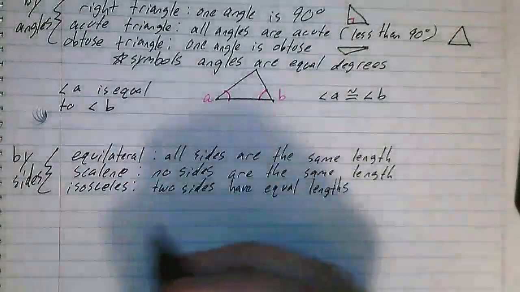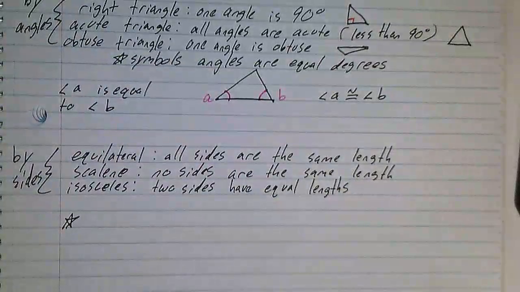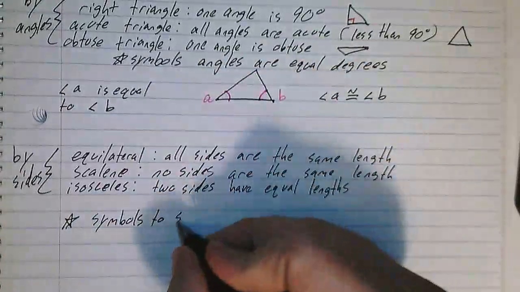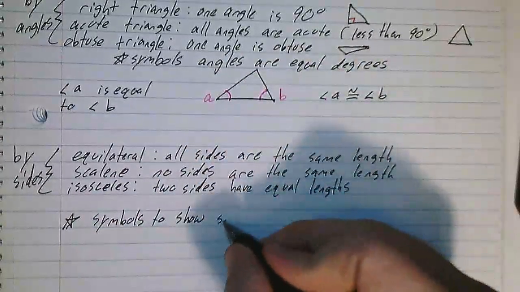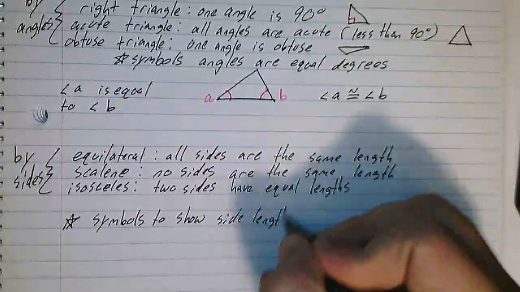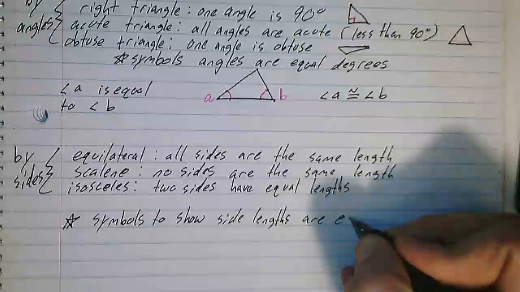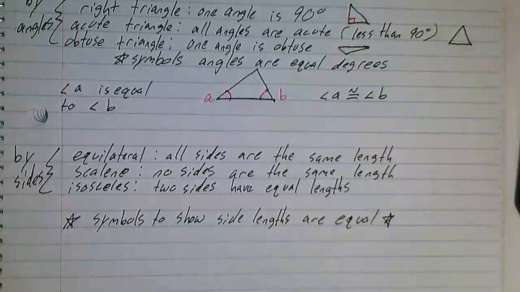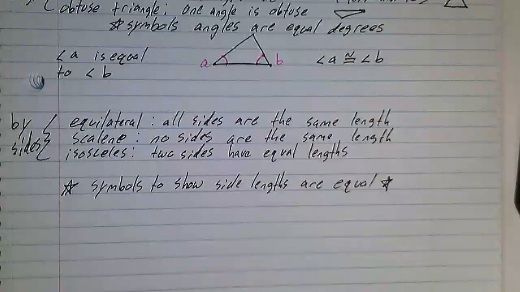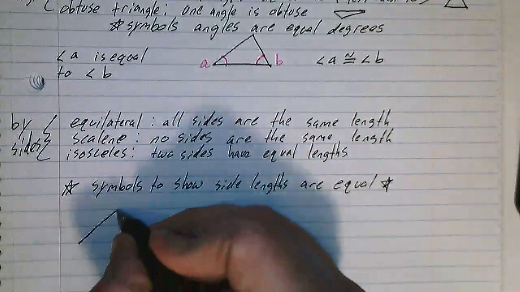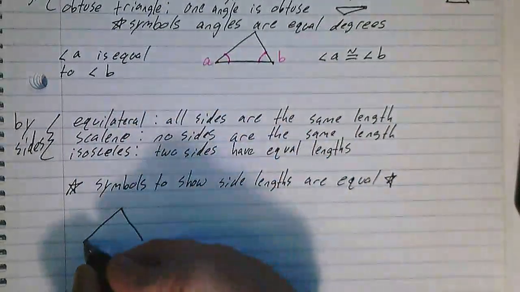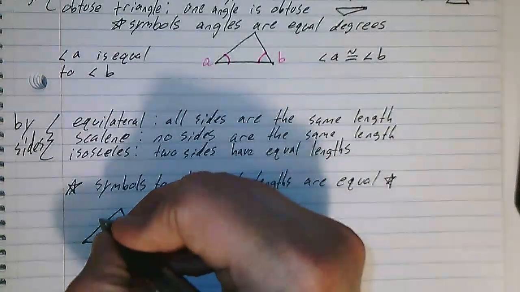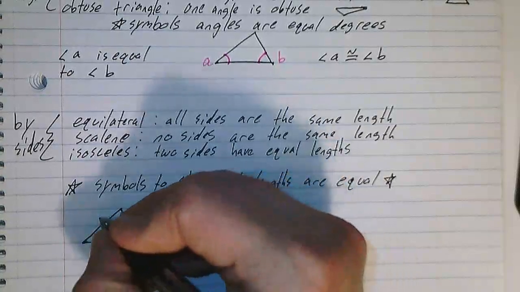And the symbols we use here are like tick marks. Symbols to show side lengths are equal. So if we had a triangle, and I'm just sketching these by hand, but if all sides are the same length, you'll see these little tick marks.